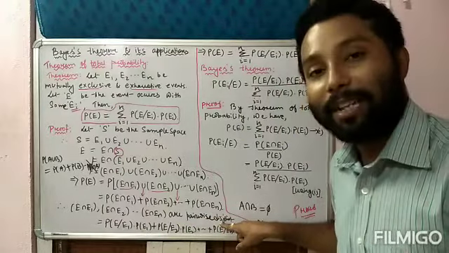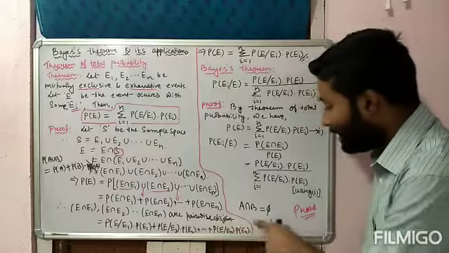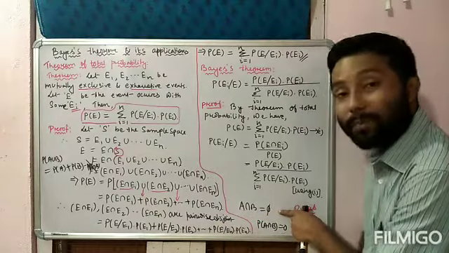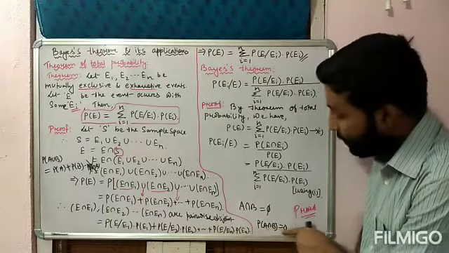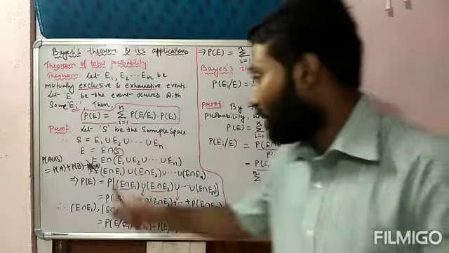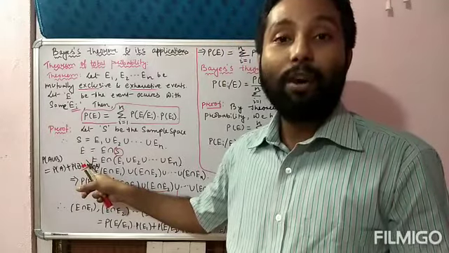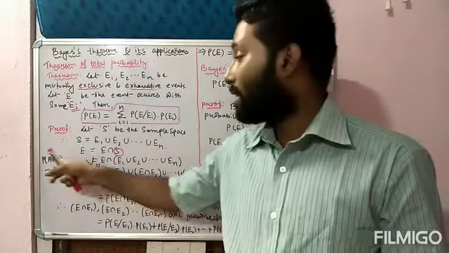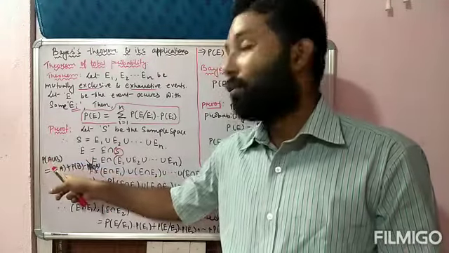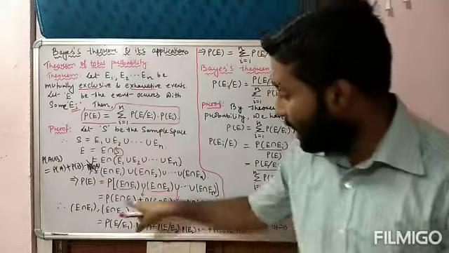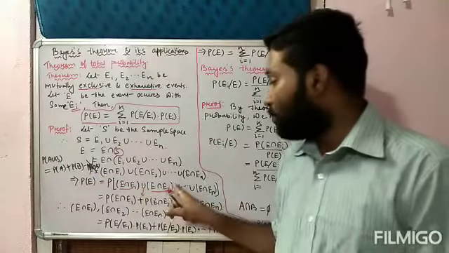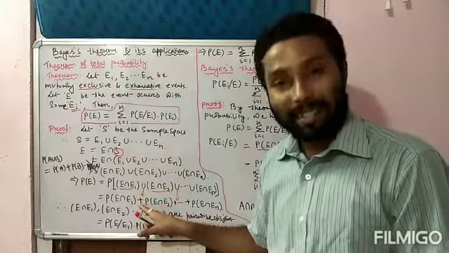Here it is clearly mentioned, and we know the condition of disjoint set is intersection part is phi and the probability of A intersection B is always 0. So that's why from the addition theorem on probability, we can say P of A intersection B part is 0. So that's why we can write P of A union B equal to P of A plus P of B. Okay, so like this we can replace this union symbol by this plus sign.